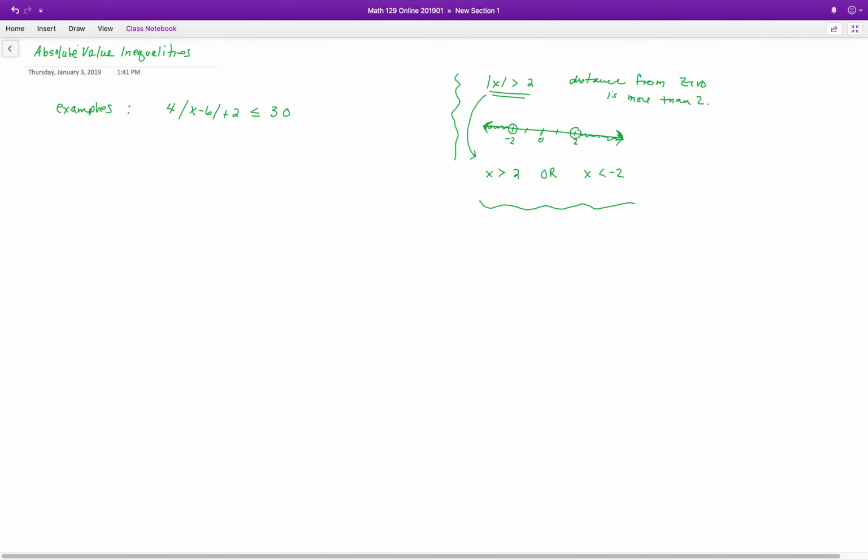Likewise, if I'm looking at the absolute value of x is less than 2, similarly now we're looking at distances less than 2 units from 0.